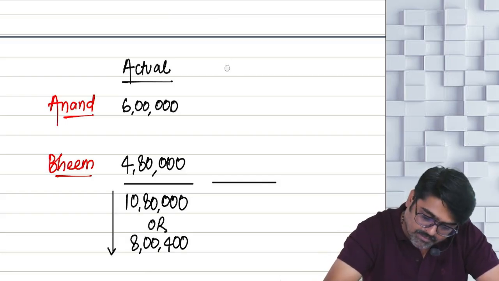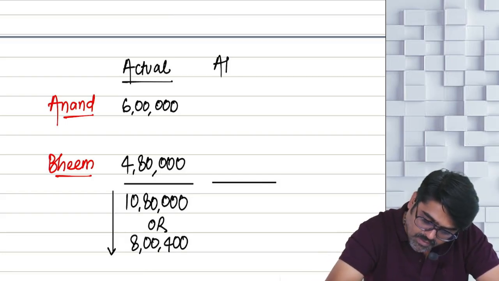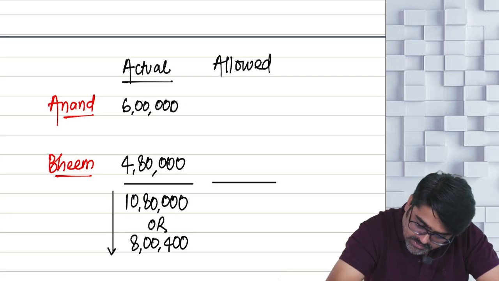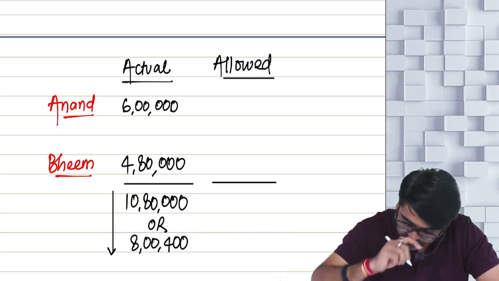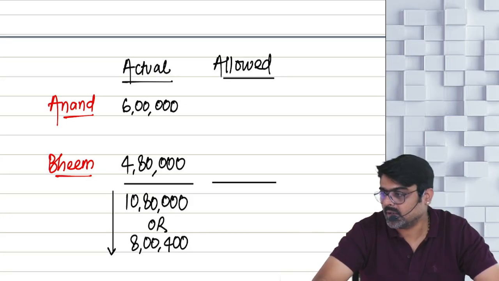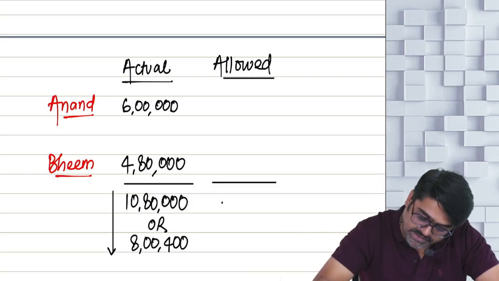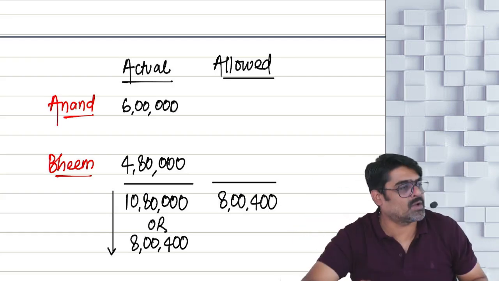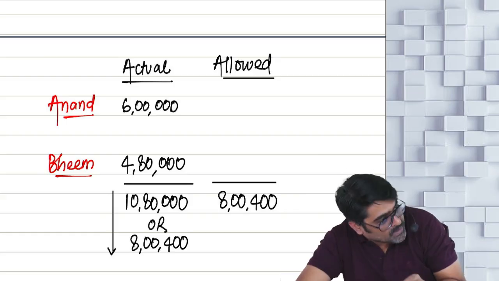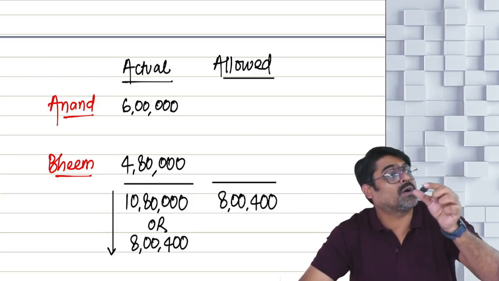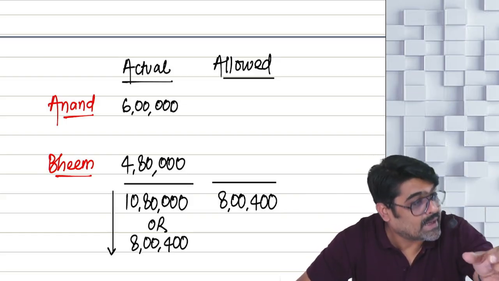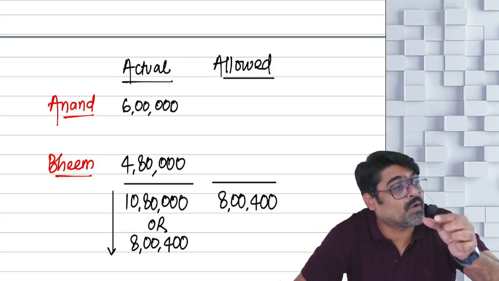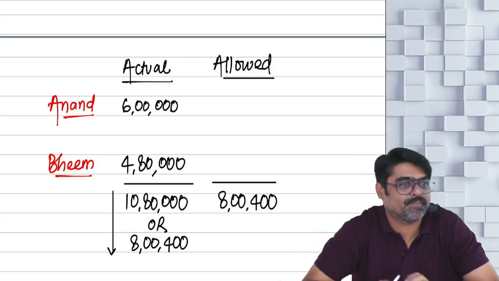So what is the remuneration allowed? Allowed is 10,80,000 or 8,400,000, whichever is lower. So allowed is 8,400,000. But boss, this is for both of them taken together, no? Now out of this, how much was allowed for Anand and how much was allowed for Bhim?